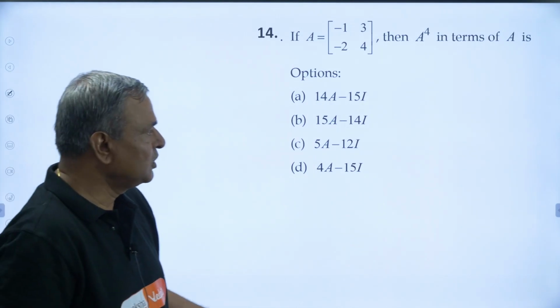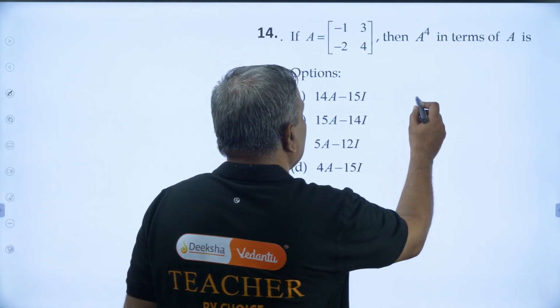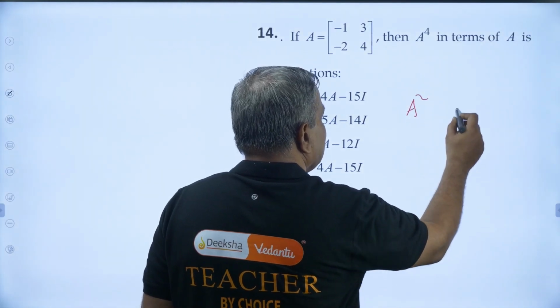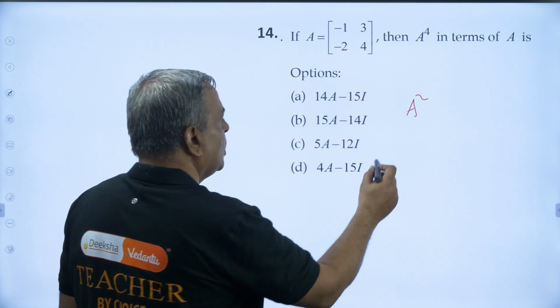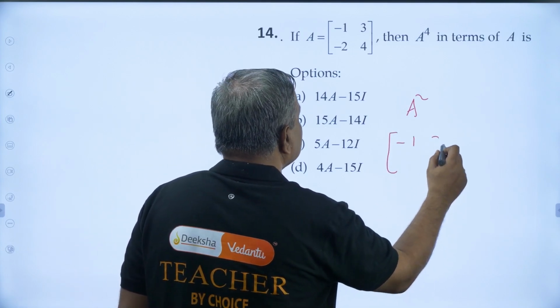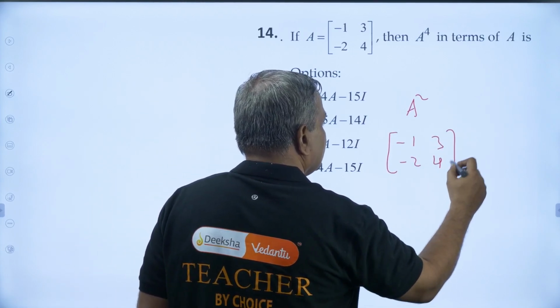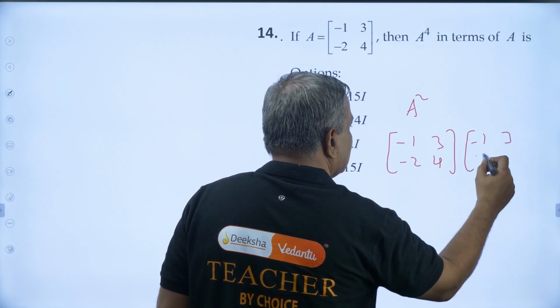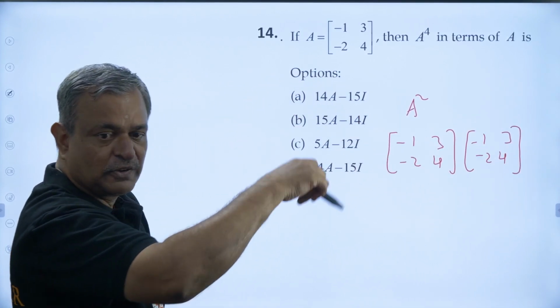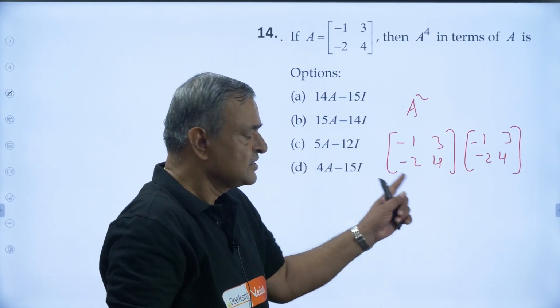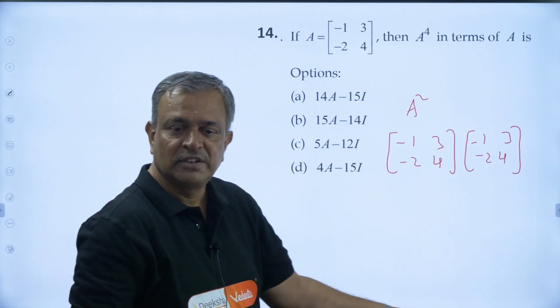Question 14, A to the power 4. Same concept, I leave it for you. You have to calculate A square, and A square you do two times, you will get the required answer. You know how to multiply two matrices. Minus 1, 3, minus 2, 4, and again write minus 1, 3, minus 2 and 4. Multiply row into column: first row into first column, first row into second column, second row into first column, second row into second column.